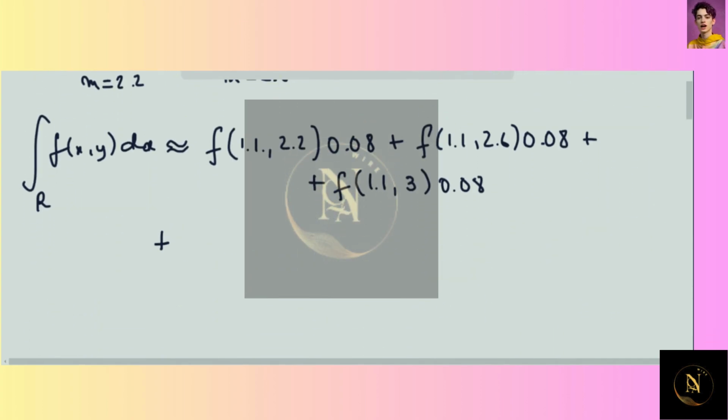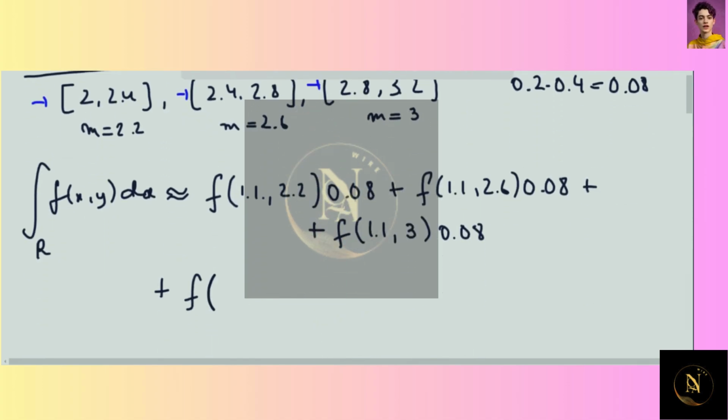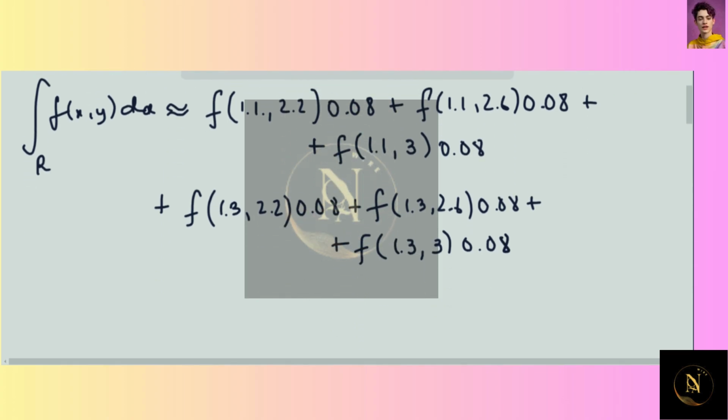So plus, now second choice, the second midpoint was 1.3. So I'm going to have f of 1.3 and 2.2, 0.08, plus f of 1.3, 2.6 times 0.08 plus f of 1.3 and 3, 0.08. And now we go to the last ones.